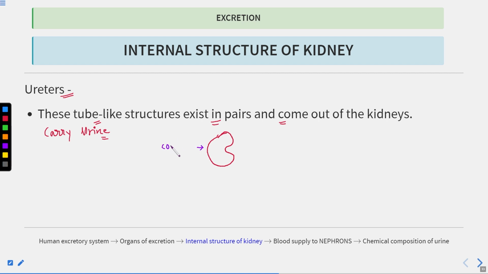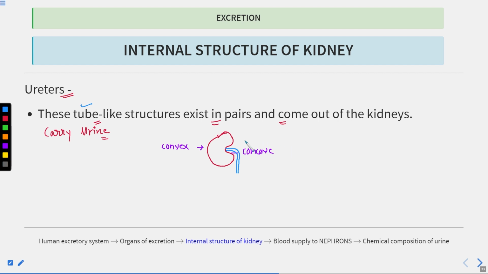So this is the convex surface and this one is the concave surface. And from the kidneys arise the ureters. So these are the ureters, which are nothing but tube-like structures, and they carry the urine.